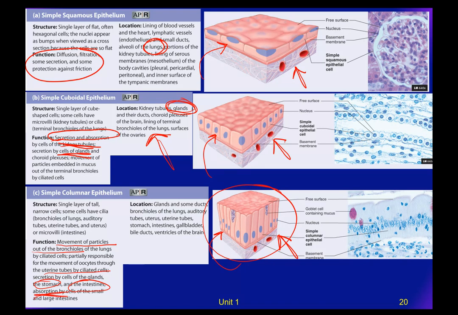In the intestines, we're talking about absorption, okay? So, absorbing nutrients. I told you guys that when I think of simple columnar, I think of the intestines, and that's one of the reasons why. So when I think of location, I think of intestines, okay?